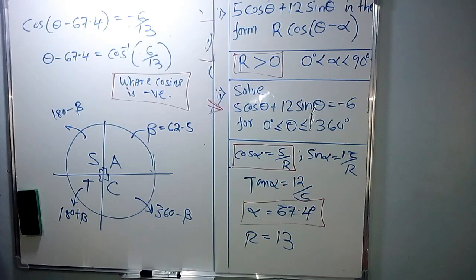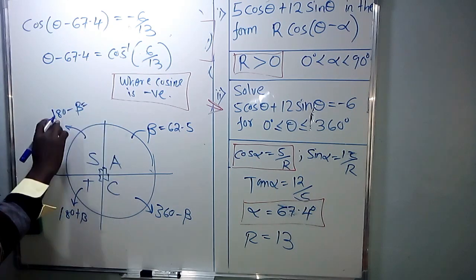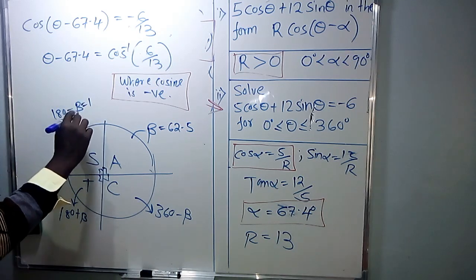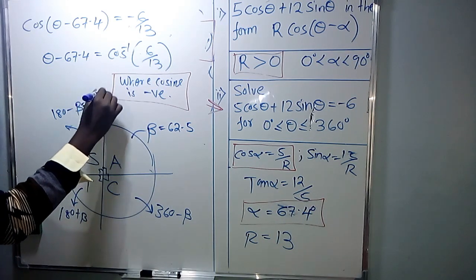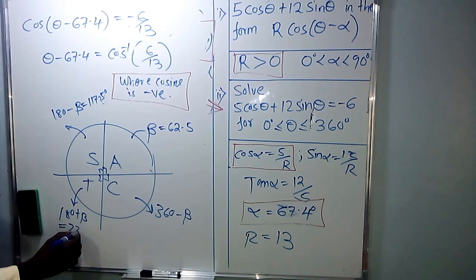So what is 180 minus beta? 180 minus 62.5 degrees, we have 117.5 degrees, isn't it? Then 180 plus beta, 180 plus 62.5 degrees, we have 242.5 degrees.